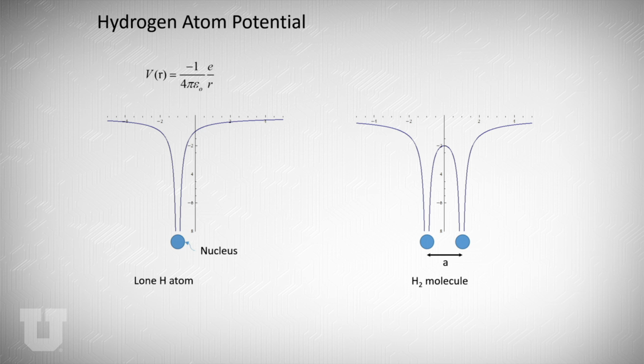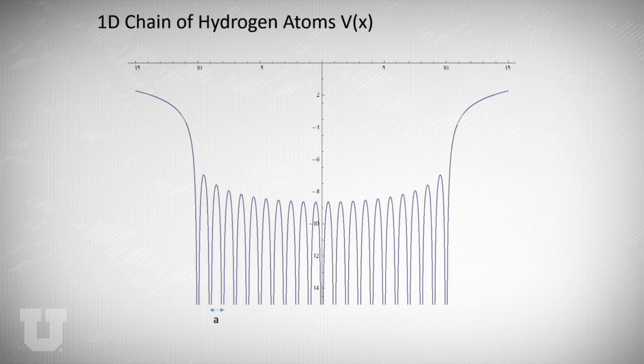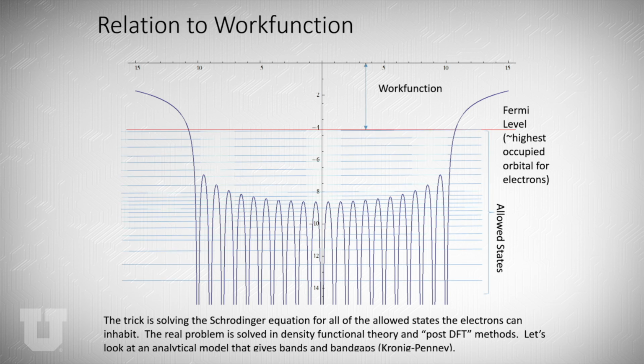Okay, so let's look back now at the PowerPoint and see what would happen if we had a chain of atoms. So if we had a very long chain of these hydrogen atoms, we can see that it looks like the case for the two hydrogen atoms, except that we're adding more and more of them together. And what happens, because we have, let's say, a large number n atoms, we're also going to have n solutions to the Schrodinger equation, each with slightly different energy.